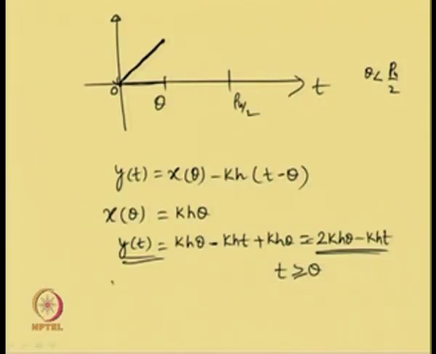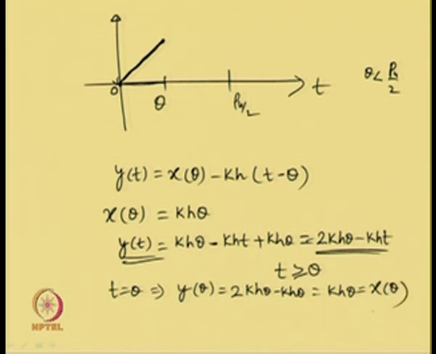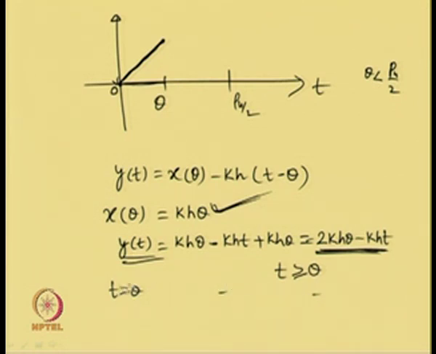At t equal to theta, the output becomes y(theta) = 2 k h theta − k h theta = k h theta, and since y(t) is equal to x(t), this is the same as x(theta). So, this is verified that this expression is absolutely correct for t greater than or equal to theta, but t less than or equal to pu by 2.